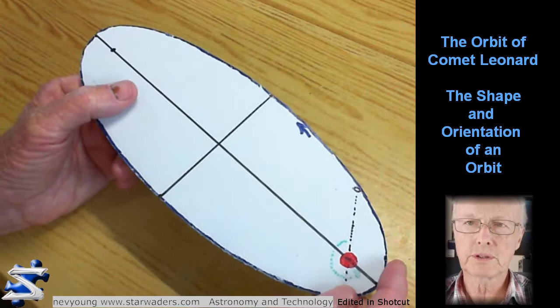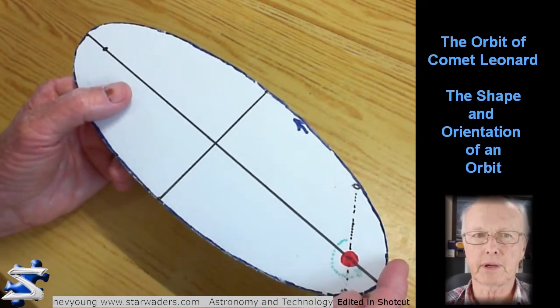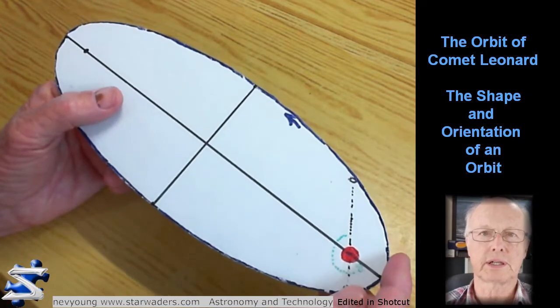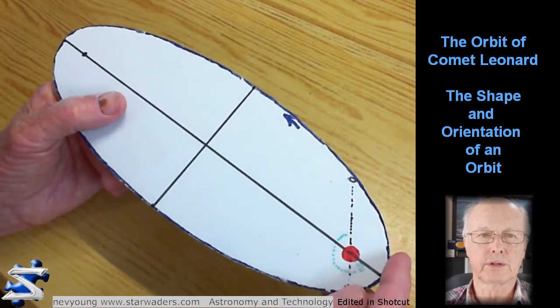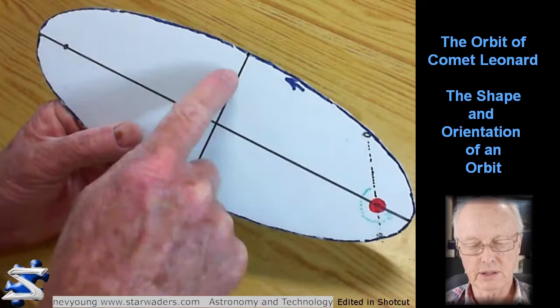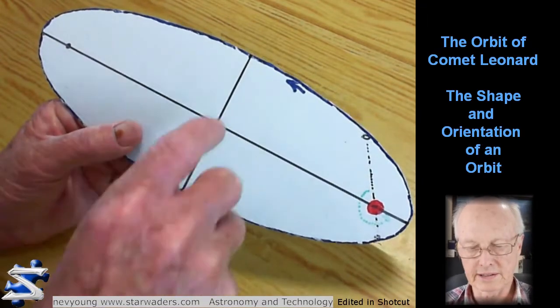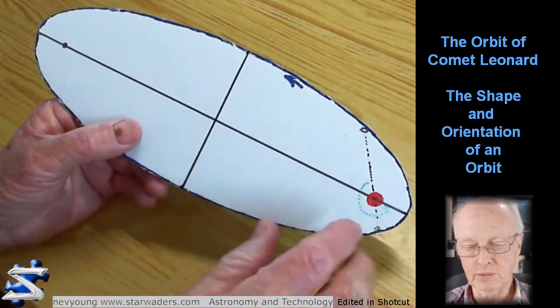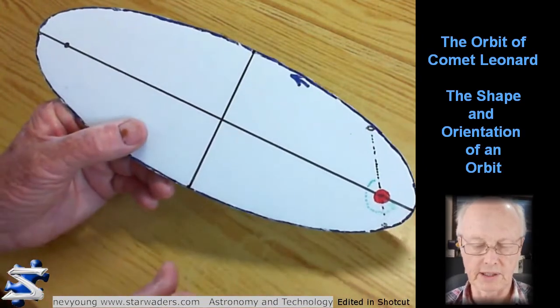Right now what we want to do is describe the shape and orientation of the ellipse. And this is how we are going to learn how that is defined. So we have these major and minor axes, and it's their ratio that determines the shape of the ellipse.